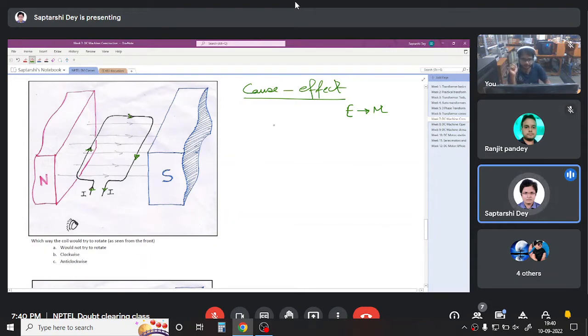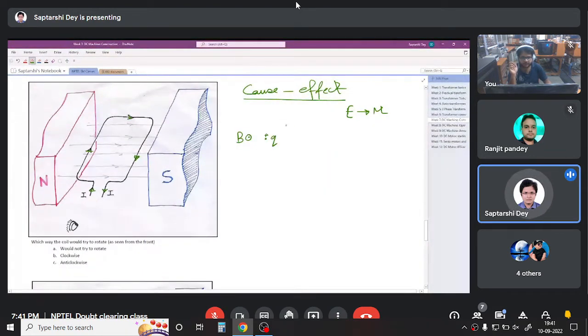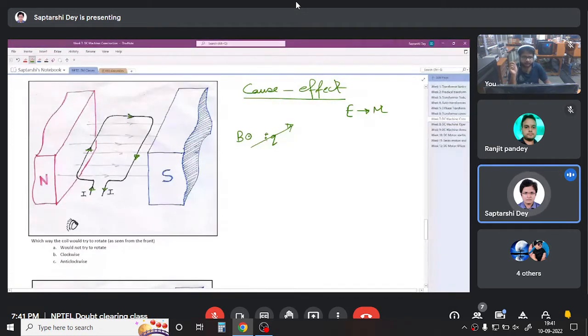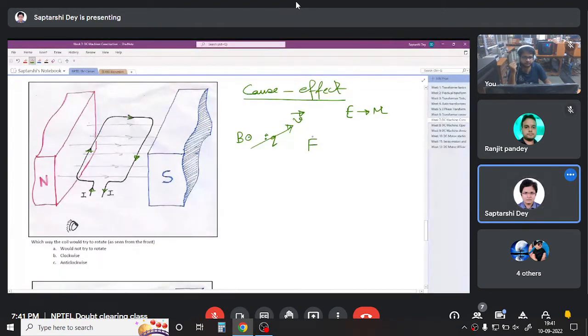Now, suppose you have a magnetic field B, somewhere a magnetic field B, and there is a charged particle Q, say a positively charged particle Q, that is moving. When a charged particle Q moves through a magnetic field B with a velocity V, some force is experienced by the particle. Can you tell me what is the expression for that force?